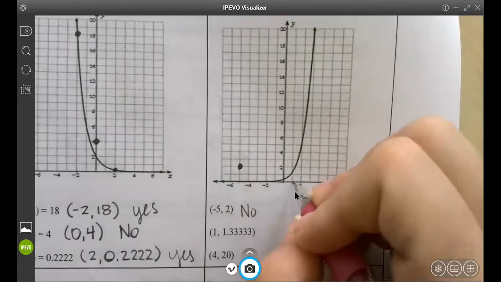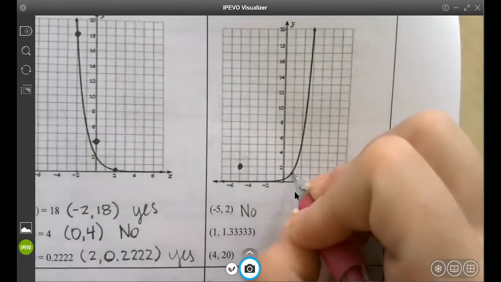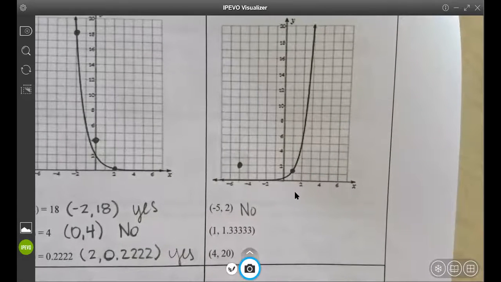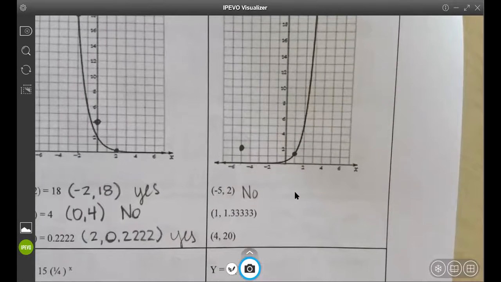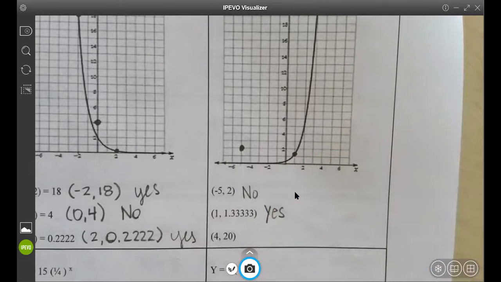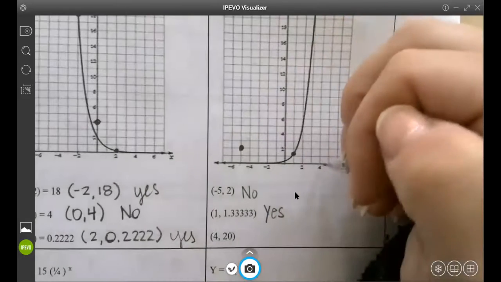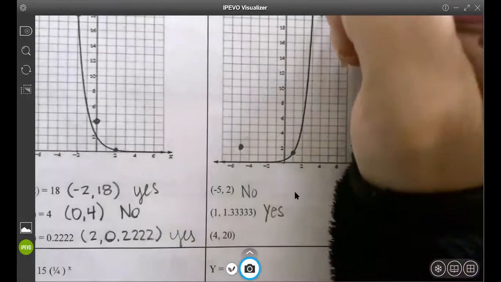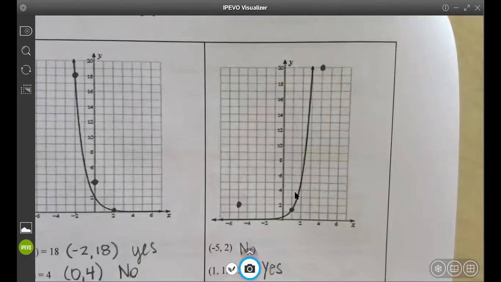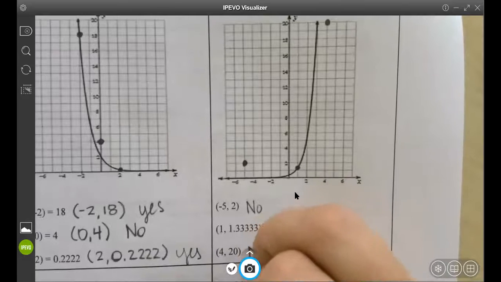So I'm going to go over 1 and up 1 1/3. Is that point on the line? Yes. That's all you do. And then we're going to look for 4 and 20. Is that point on the line? No. So we just write a no.